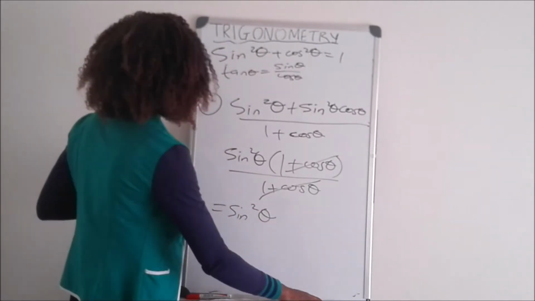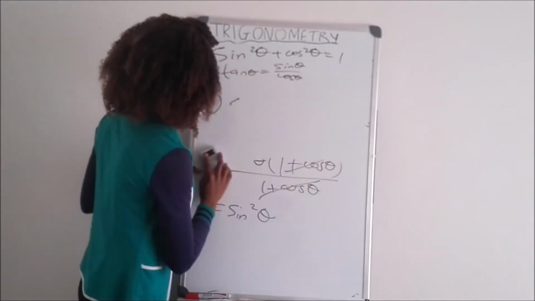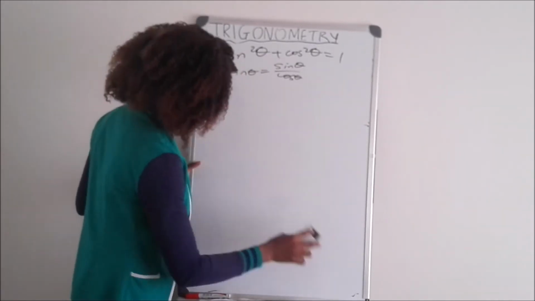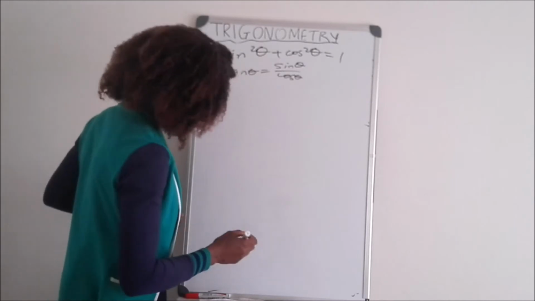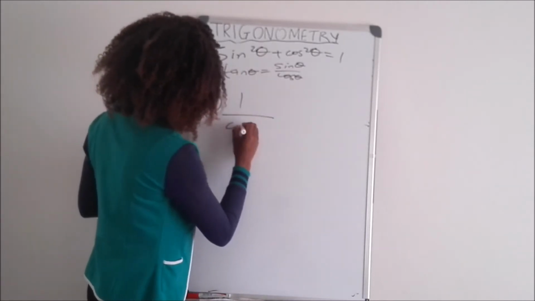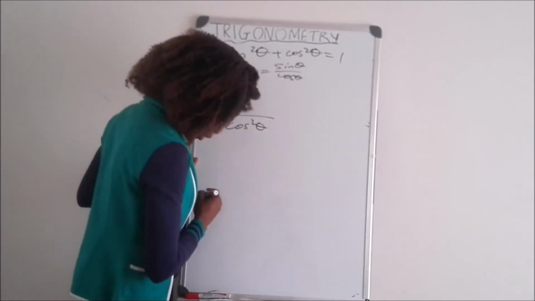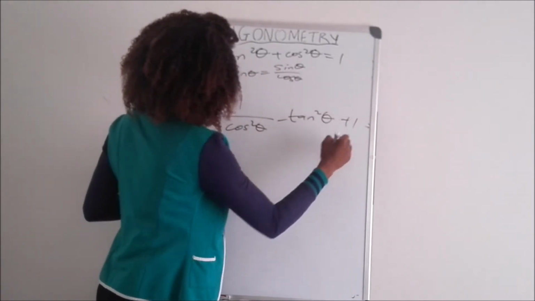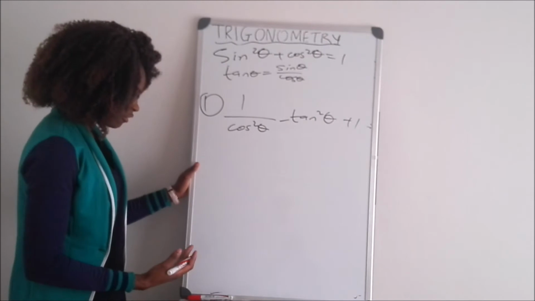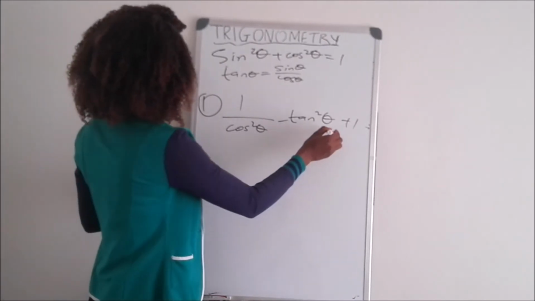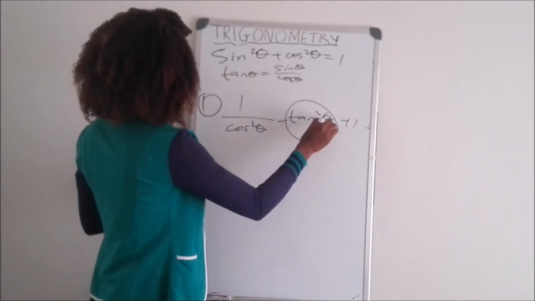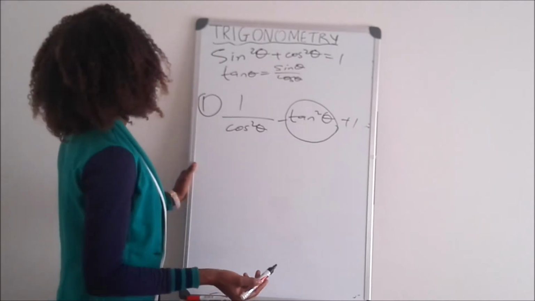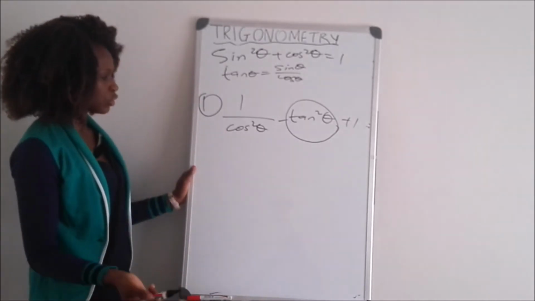Then let's do another one, where the question says that we must simplify 1 over cos squared theta minus tan squared theta plus 1. With this one, the first thing that we must do is change tan squared theta to be sine squared theta divided by cos squared theta.